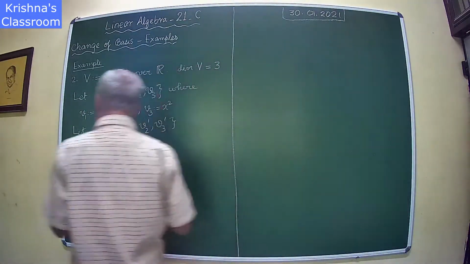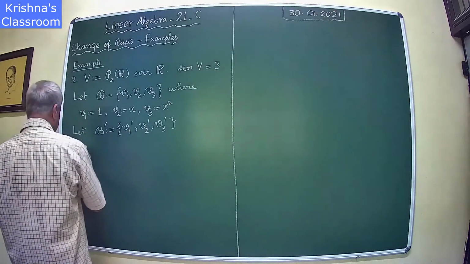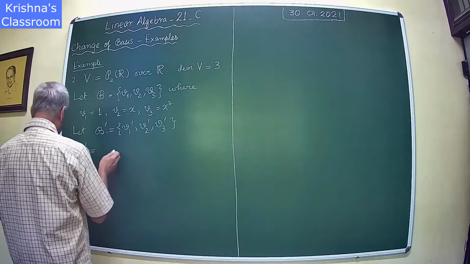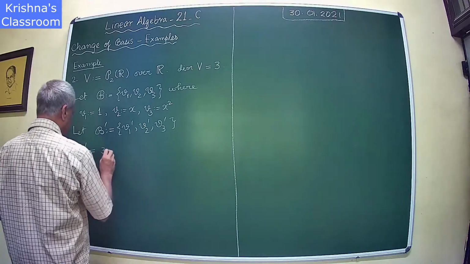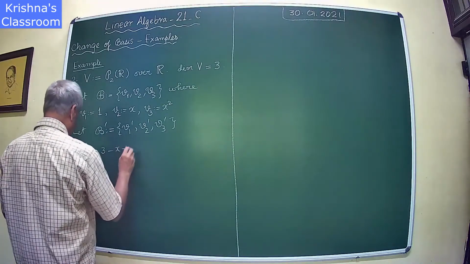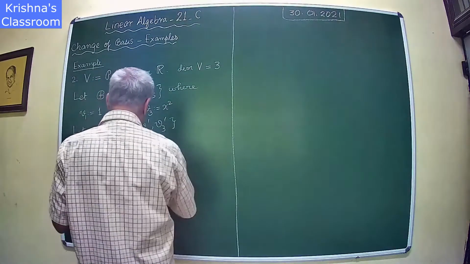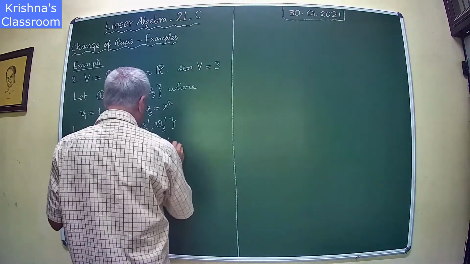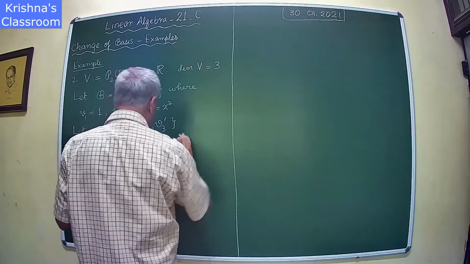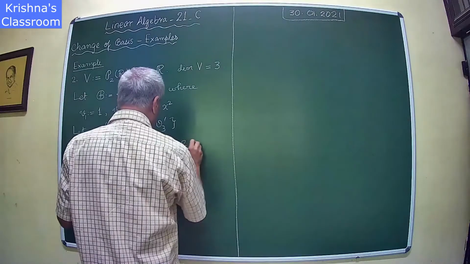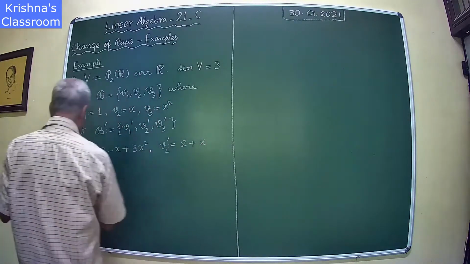And let V1 prime be defined as 3 minus x plus 3x squared, V2 prime is defined as 2 plus x, and V3 prime is defined as well.